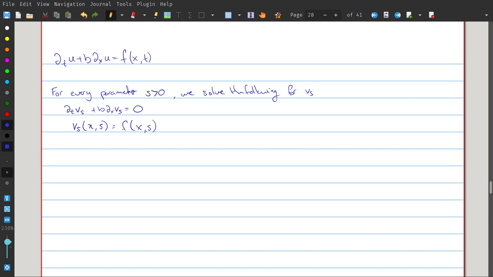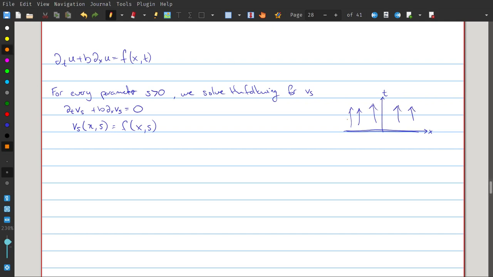So what we've seen are diagrams that look like this, where we give some initial condition here, and then the solution to the homogeneous problem, or the Dirichlet problem for the transport equation in this case, gives us the solution on the rest of the space.